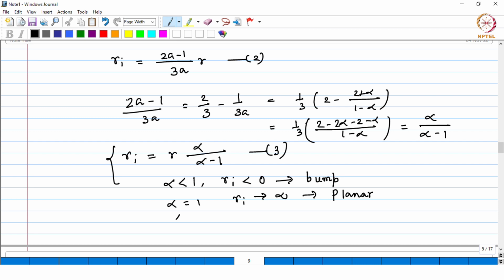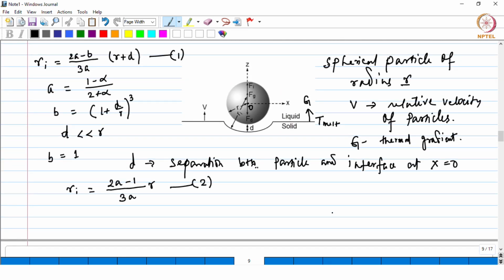And when alpha is greater than 1, you can see from here again that Ri is greater than R. That means it will develop a trough at the interface, which you can see over here from this diagram as well.